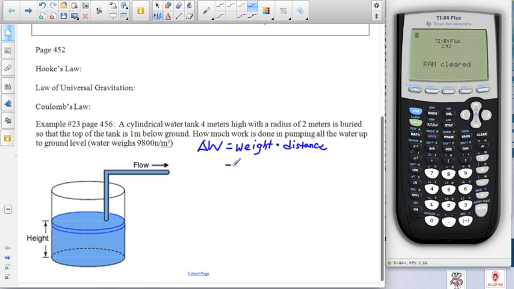The weight of the water is going to be its mass times the gravitational constant, and then times distance. Then the question is, how do we define the mass of water here? In order to define the mass of water, we need the density. So here's our density.